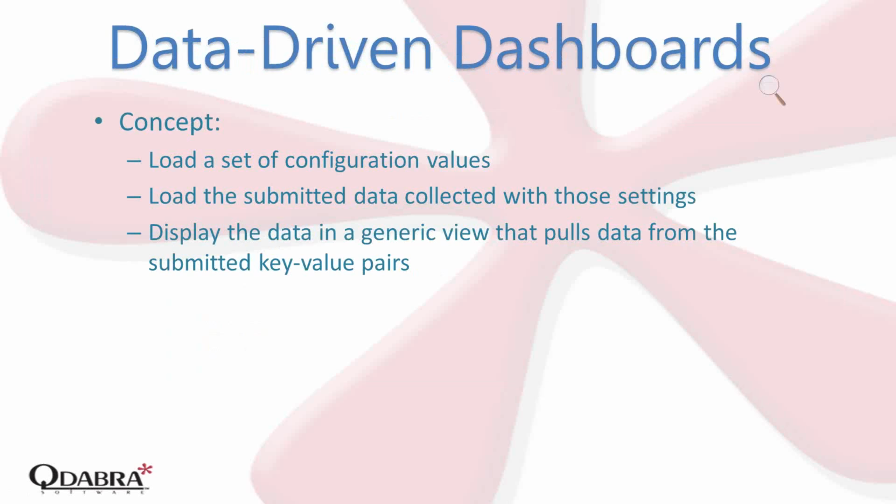It'll load the data that's been submitted for that particular configuration, and then you'll just display it in a generic way by rearranging the values in those key value pairs. So instead of having a table with hard-coded column names, those will be dynamic. The cells will be dynamic, and you can display it all nicely. I'll be showing you that momentarily.